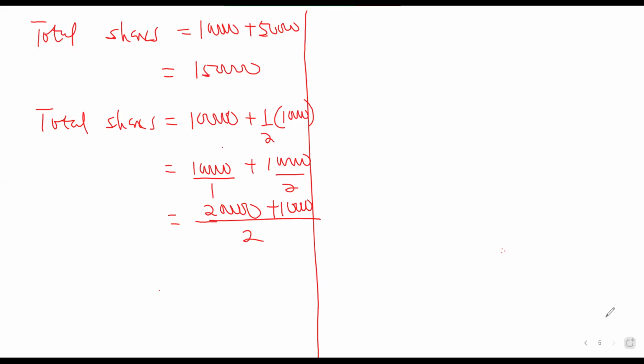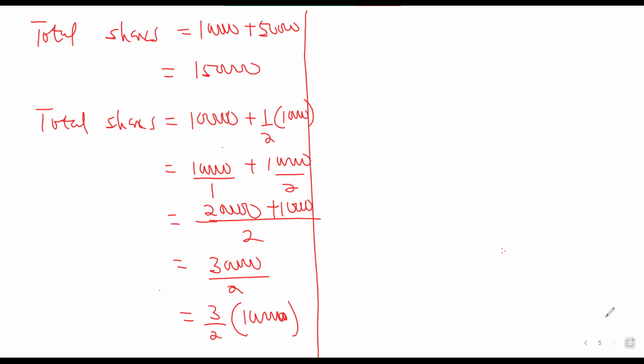This is the same as 300,000 over 2. Assuming we are not writing the 300,000, we can say that this is the same as 3/2 multiplied by 100,000. Do we agree to that? Yes, please.